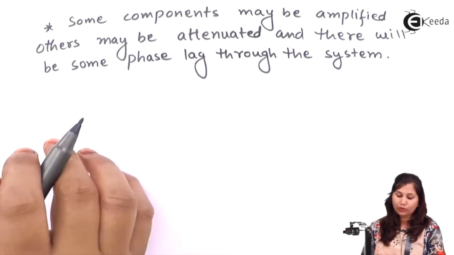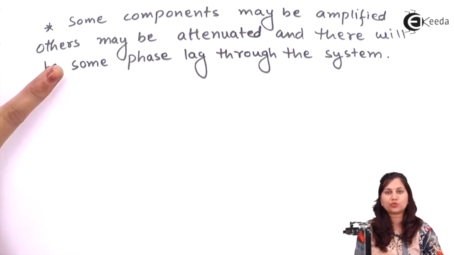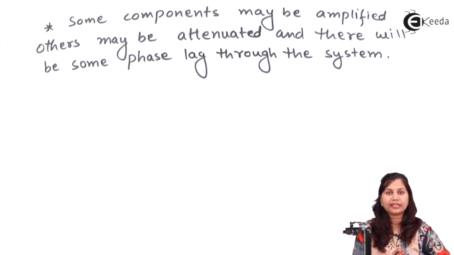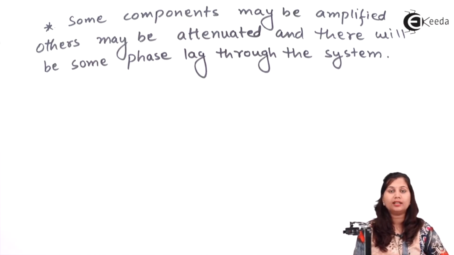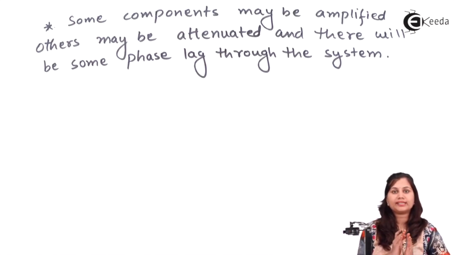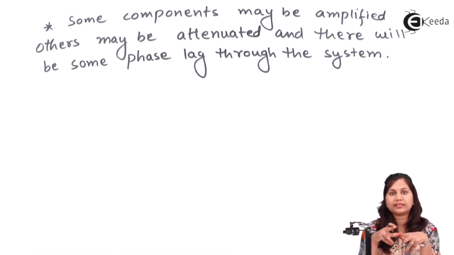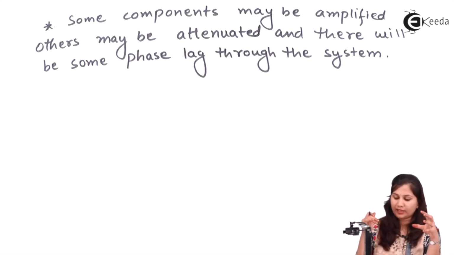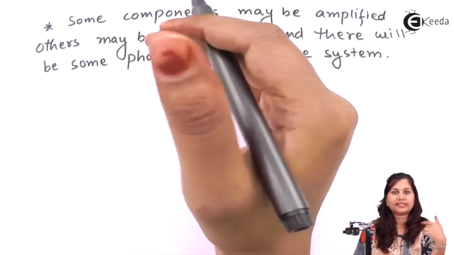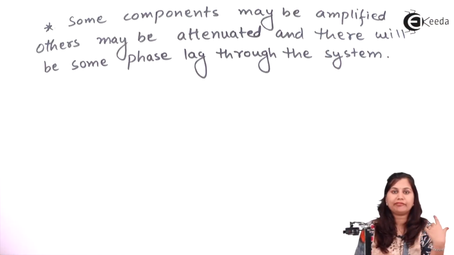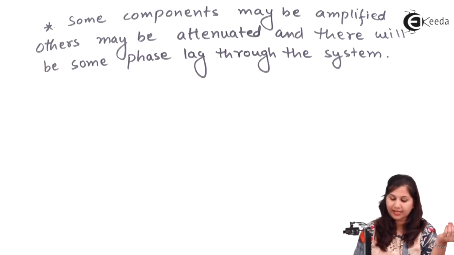So what this frequency response is doing is transferring a sinusoidal signal applied on the system input and passing it through the system. The frequency response expresses how this is transferred: whether it is amplified, whether it is attenuated, or whether there is any phase difference in this signal.